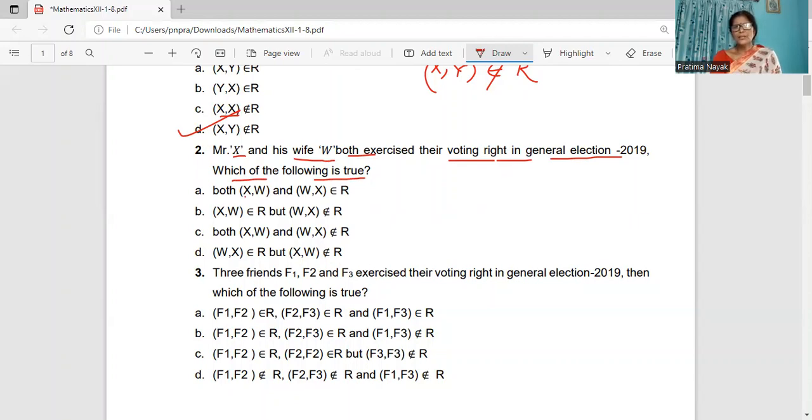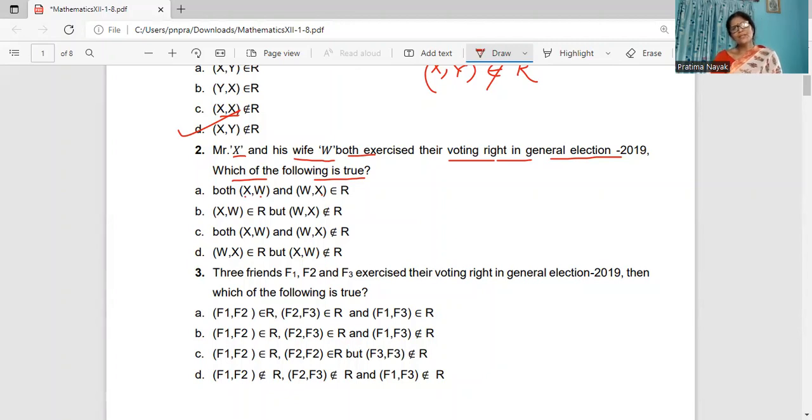Both (X, W), husband and wife, and (W, X), wife and husband, belong to R. Husband and wife belongs to R, but wife and husband does not belong to R. Both husband and wife, and wife and husband, do not belong to R. Wife and husband belongs to R, but husband and wife does not belong to R.